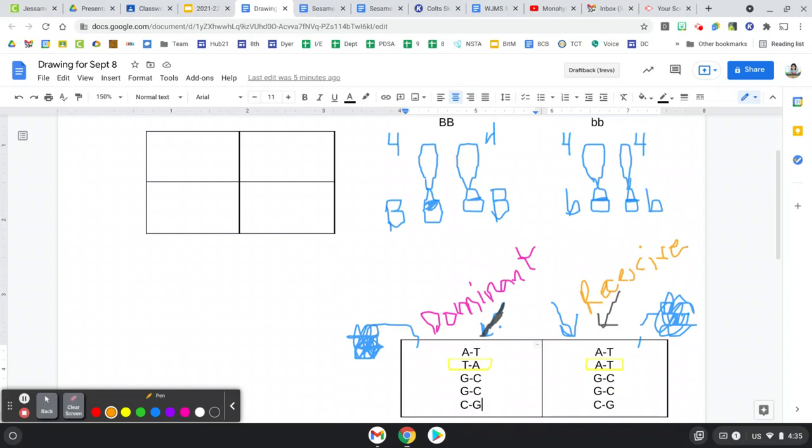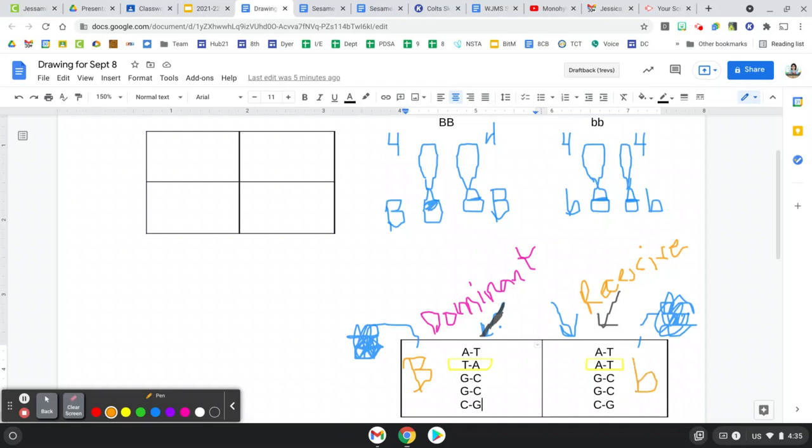So when we have the dominant identified and the recessive identified, then we can decide how we want to denote them, how we want to identify them. And so we'll use the capital letter for the dominant, and so that would be a capital B, and we use the lowercase letter for the recessive, and so that would be a lowercase b.